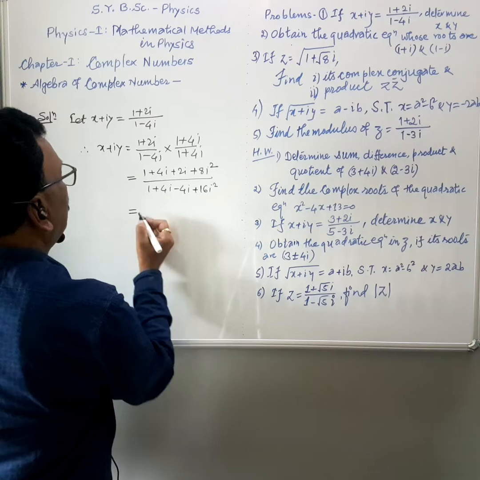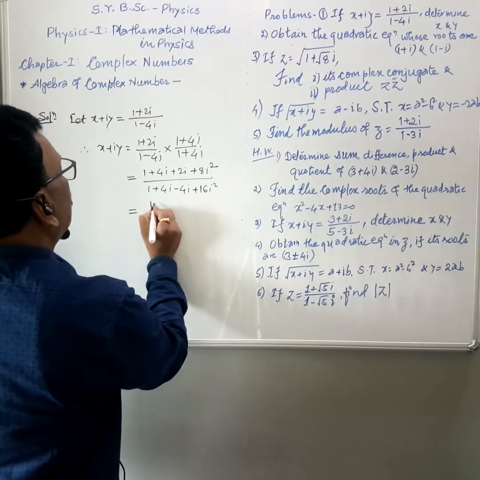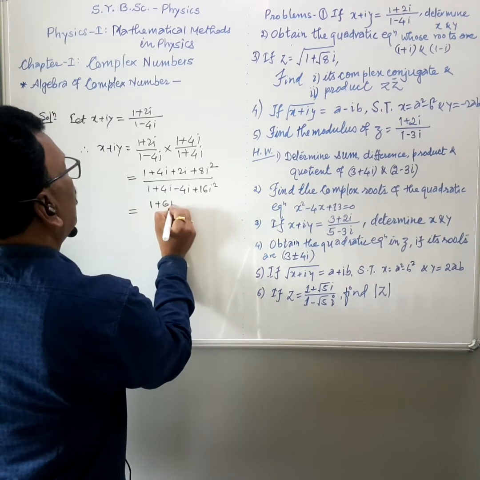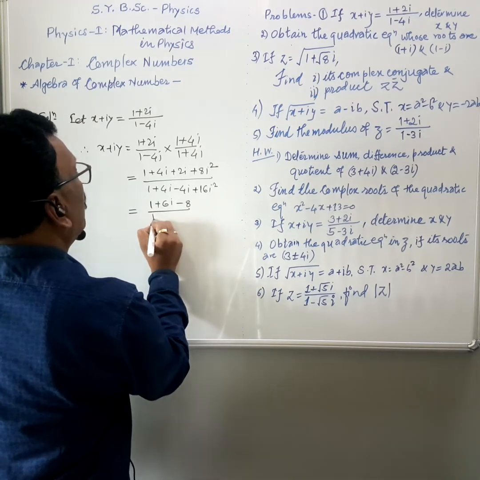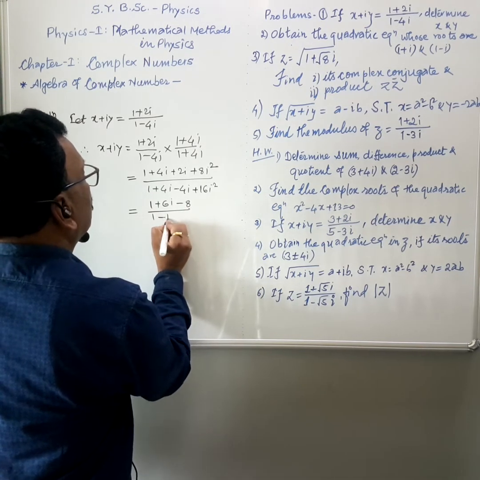After solving this term, we get (1 plus 6i minus 8) upon (1 plus 16), that is 17.